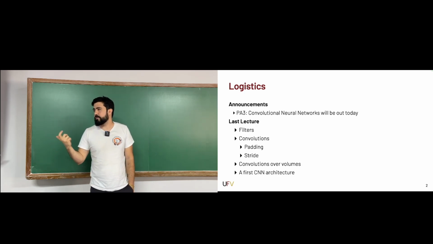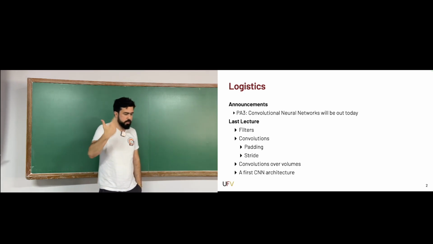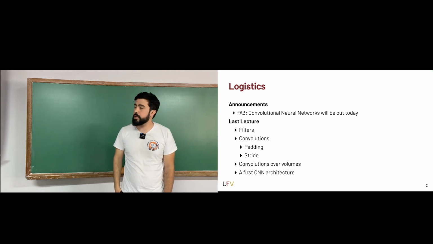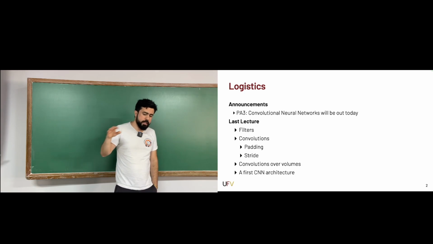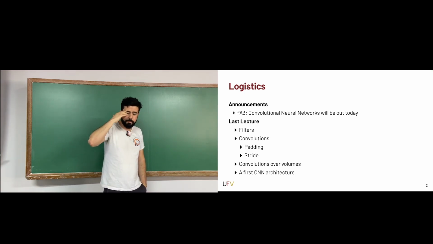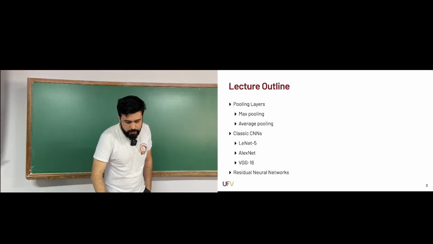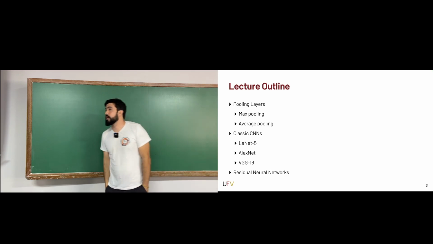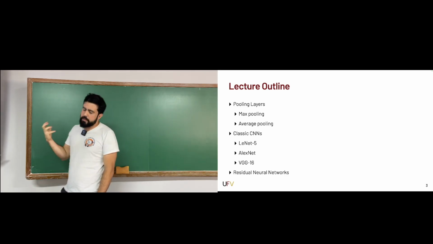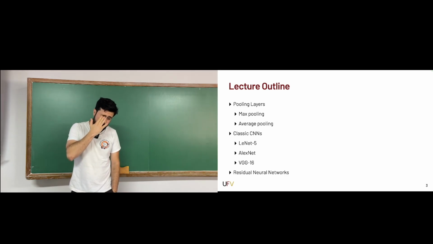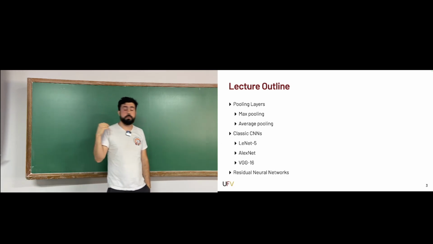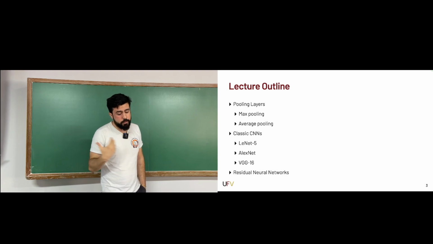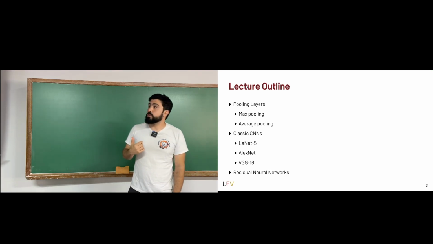And then we saw a very first CNN architecture, which we're going to develop today to get to LeNet-5, this very classic architecture. And then we're going to see some other ideas. First of all, we haven't covered the basics of convolutional neural networks because we are missing pooling layers. Pooling layers are a very common type of layer that you see in modern convolutional neural networks.